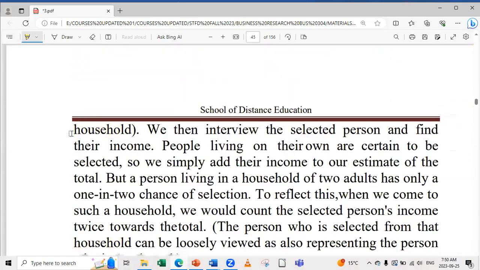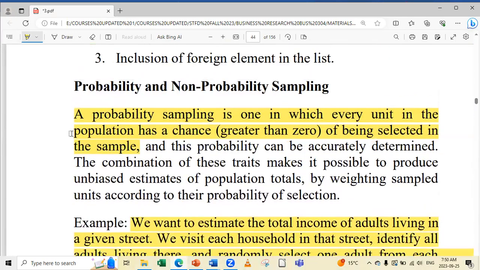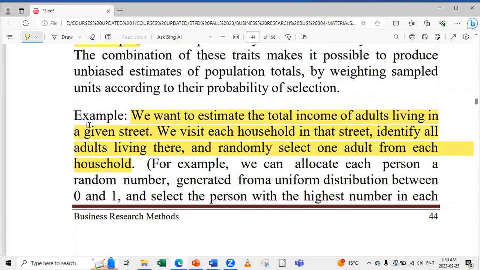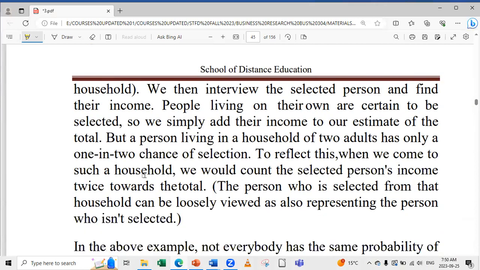Of course, probability sampling gives a chance for all the units to be represented and selected in the sample, and the accuracy of the research results is very high.